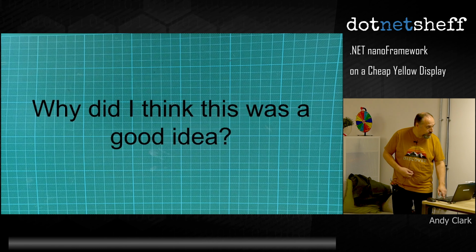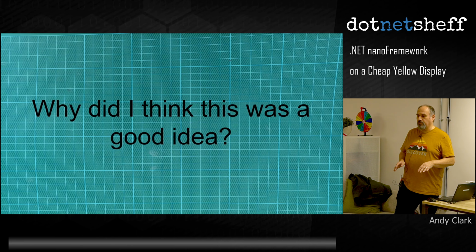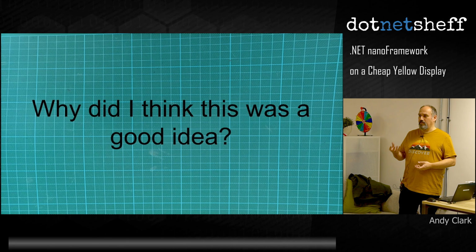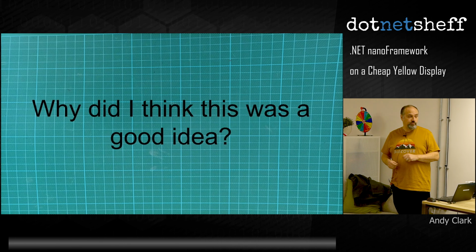Right. So, why did I think this was a good idea? As I mentioned, we've got kind of a lot of back-end systems. There's no interaction, there's no user interface. And I thought it would be good if people could have something they could literally physically hold in their hands, press buttons on, tap on the screen, see results instantaneously and have a much more immersive, interactive experience with their prize.